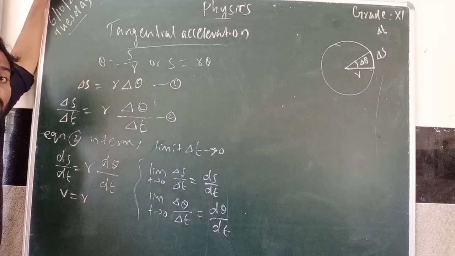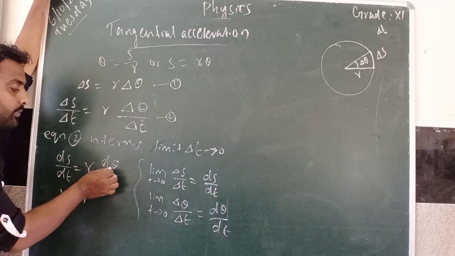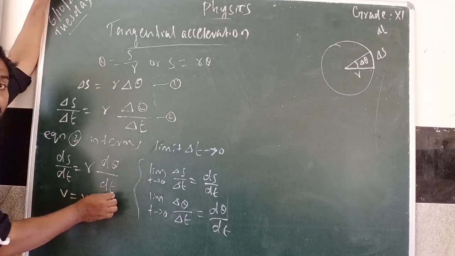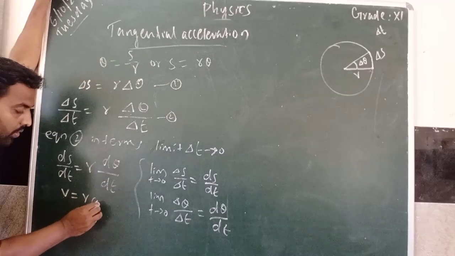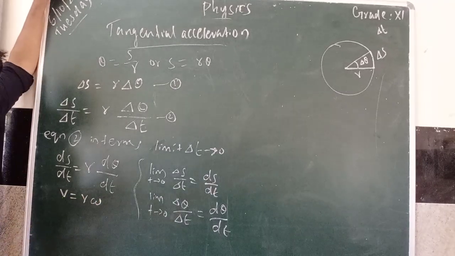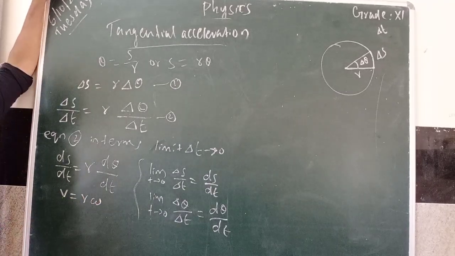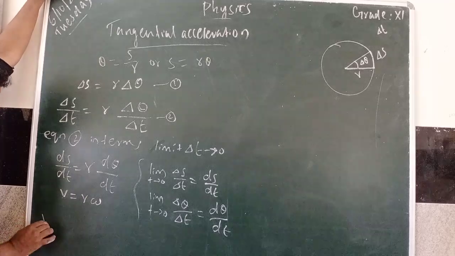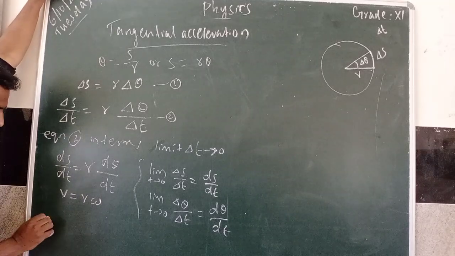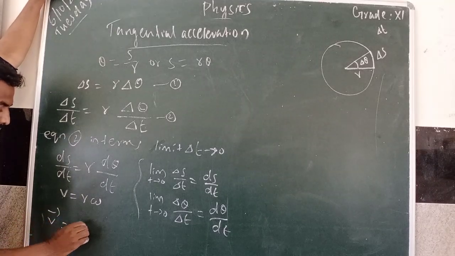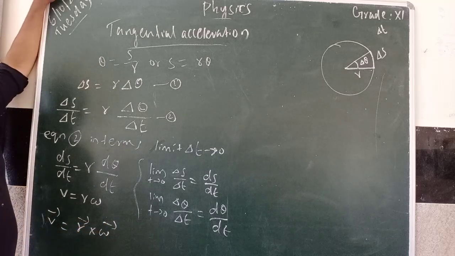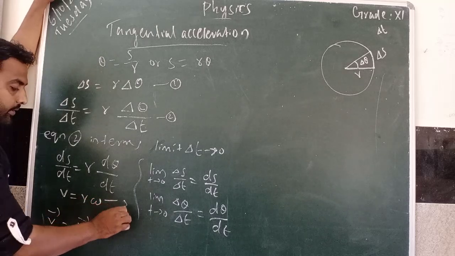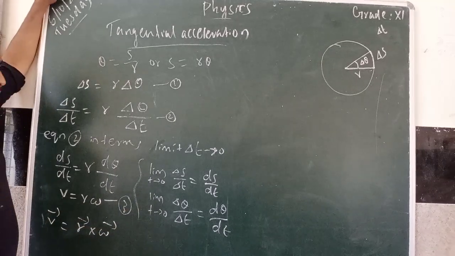D theta means angular displacement. Angular displacement by time is called angular velocity omega. So you can write this equation in vector form: V vector is equal to R vector cross omega. Now you can keep this as equation 3.